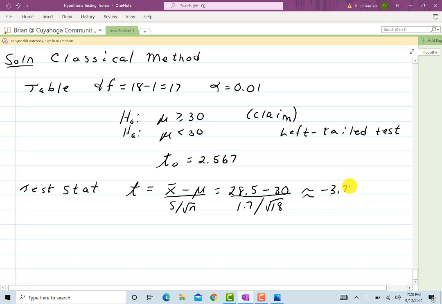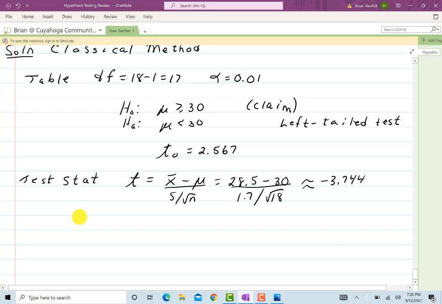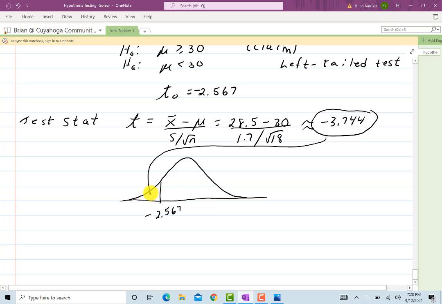This I get negative 3.744. Oh, by the way, I made a mistake on my T naught, didn't I? Since it's a left-tail test, I need a negative in front of that. So when I look at this, my rejection region starts at negative 2.567. And this guy right here, as you can see, is firmly inside of that rejection region. So we reject H sub 0.